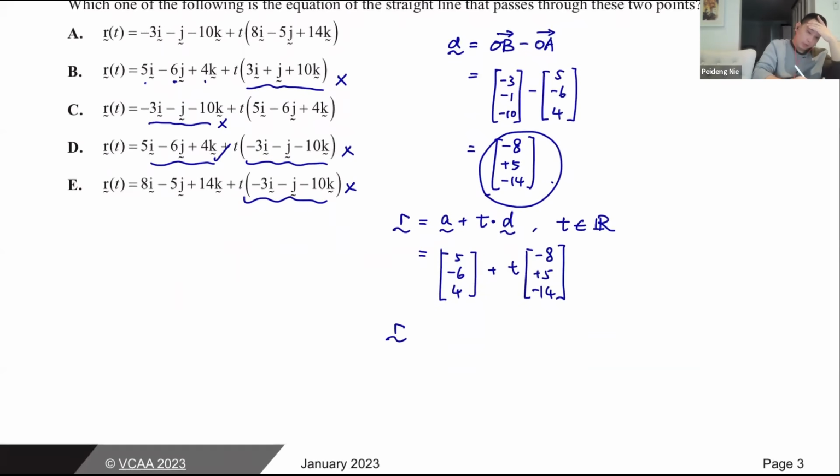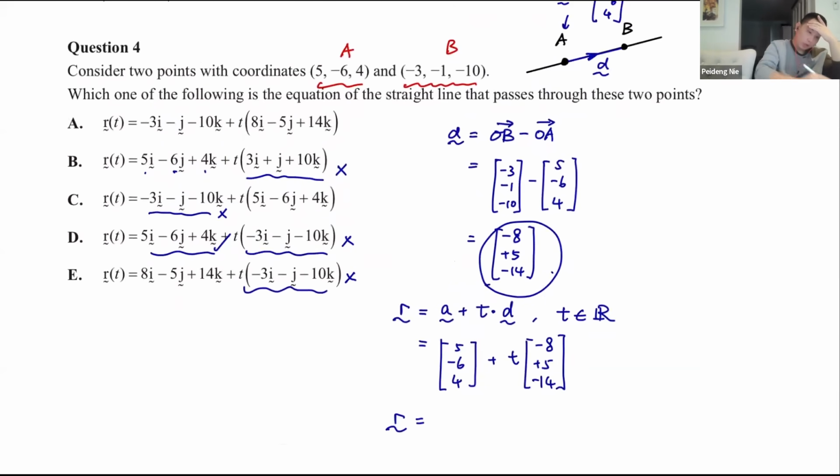So I'm trying another version. R equals 2. If I start with B here, I'm actually using minus D, okay? So this is minus D here.